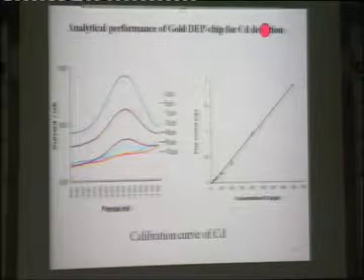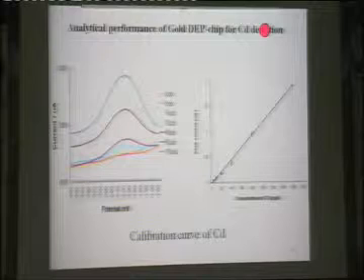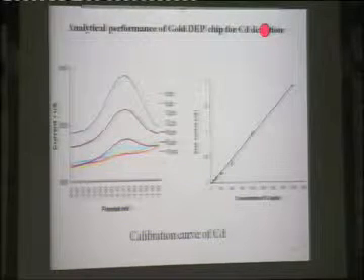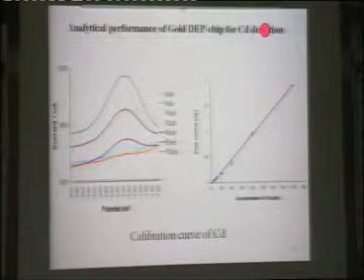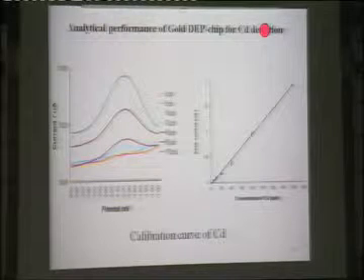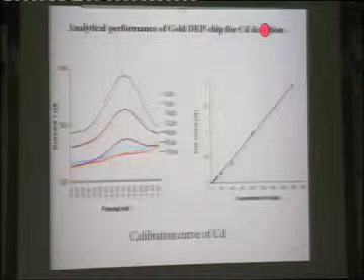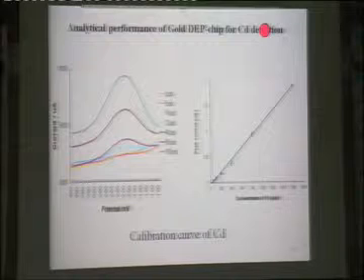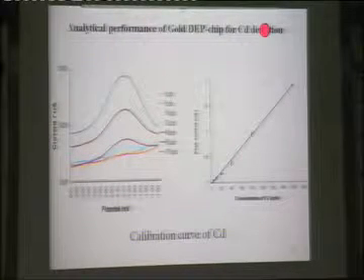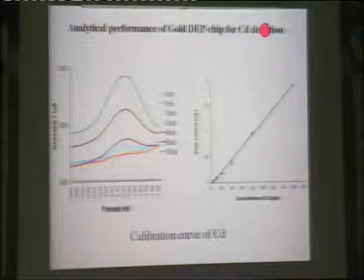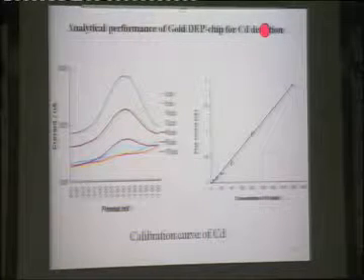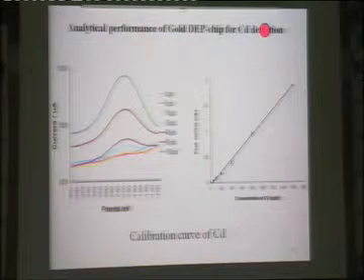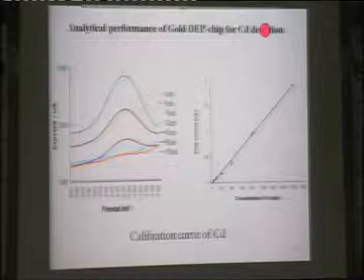So here we investigated the analytical performance of the gold DAP chip for the detection of cadmium. Here we got the DPV responses for the different concentrations of cadmium, and we found a linear calibration curve between the concentration of cadmium and the peak current.